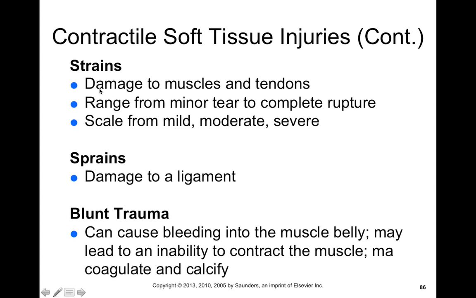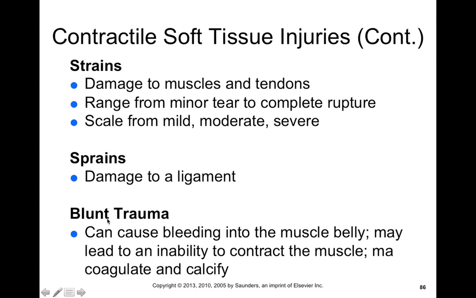But that's really what differentiates the strain here, that this is contractile tissue. A sprain, on the other hand, is actually damage to a ligament, which is a non-contractile tissue. So you'll see that these have differences in pain because a strain will be painful upon an active contraction, and a sprain will be painful upon just moving the joint passively.